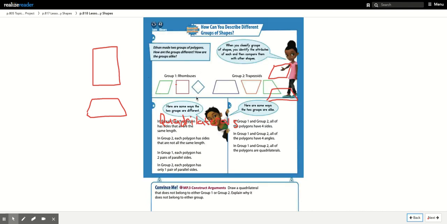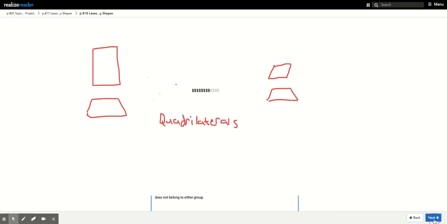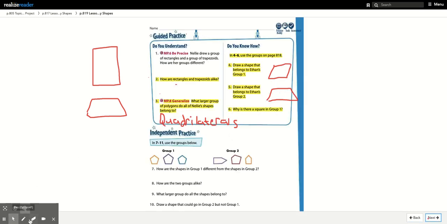Let's look why. Why is there this square? Under rhombuses. If you're thinking because all the sides in a square are equal, so it is also a rhombus.